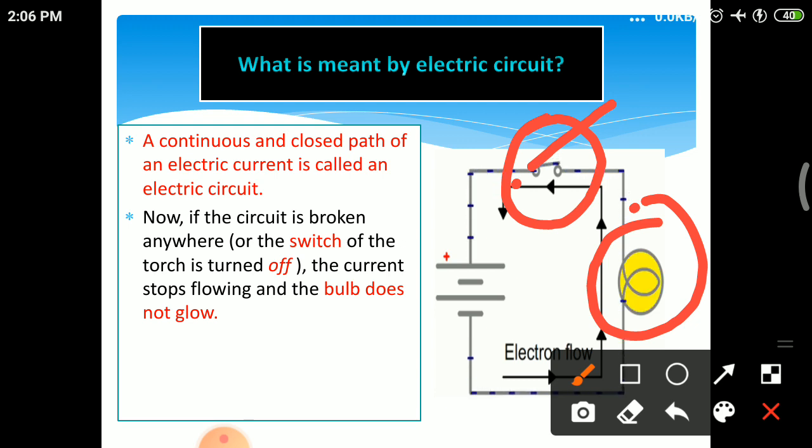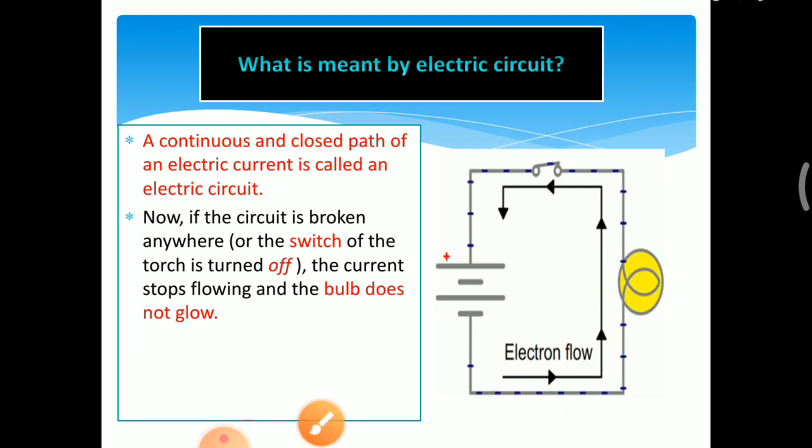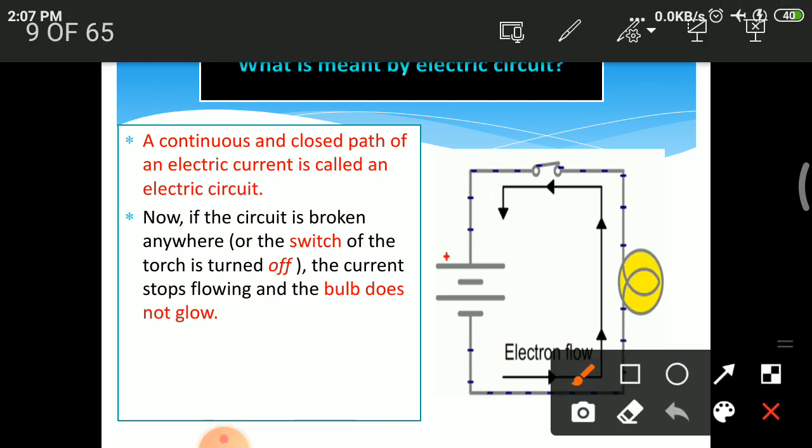Otherwise, the electrons do not flow. So what is meant by electric circuit, you have to write the answer: a continuous and closed path of electric current is called an electric circuit.